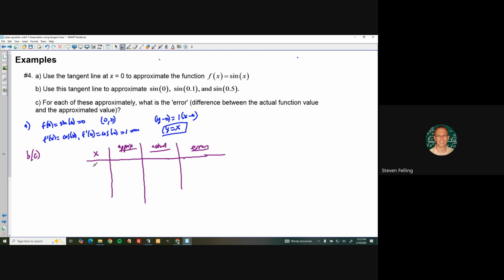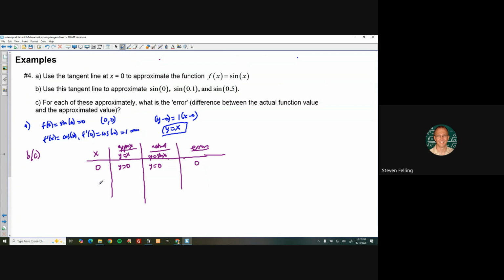Okay, so they're asking me to do 0. Let's do that first. So the approximation would be using y equals x. So y equals 0. The actual function would be y is sine of x, and sine of 0 is 0, so the error is 0. If we're at the point of tangency, the tangent line exactly matches.